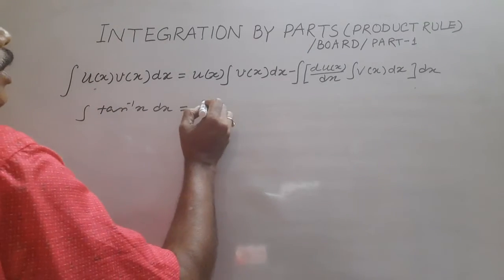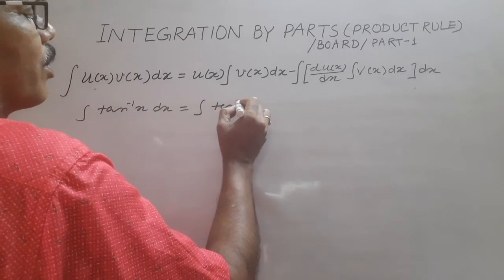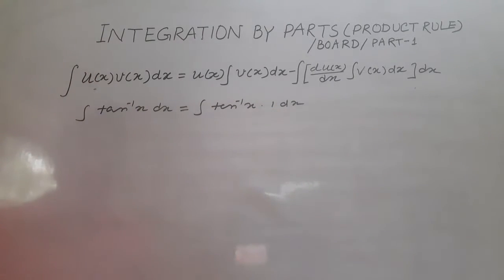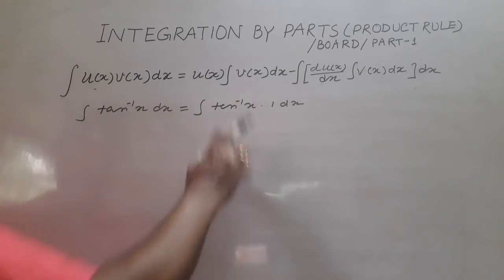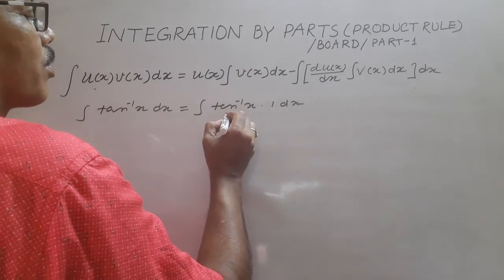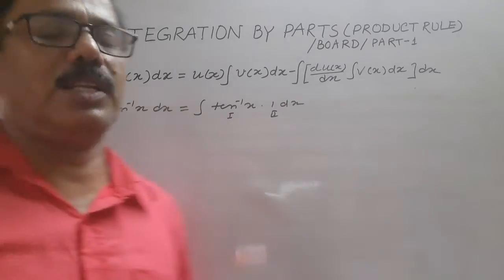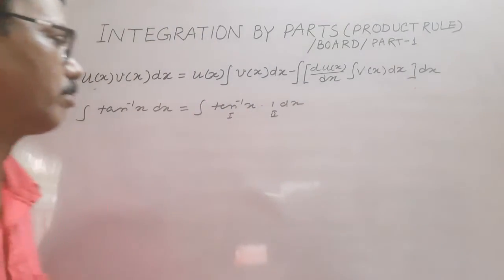So we can write it as tan inverse x into 1 dx. So the unintegrable function as first function, 1 as second function.